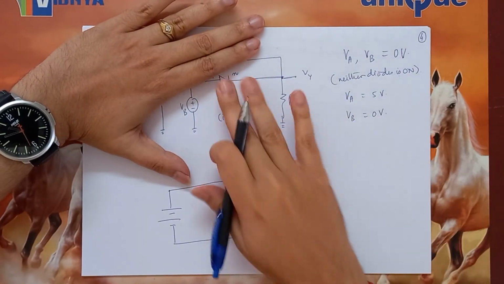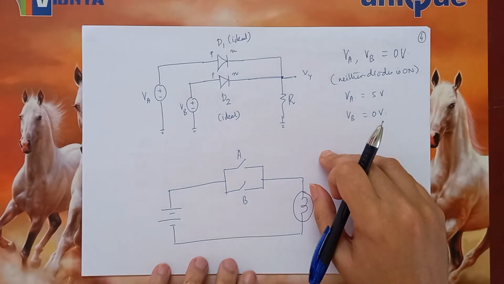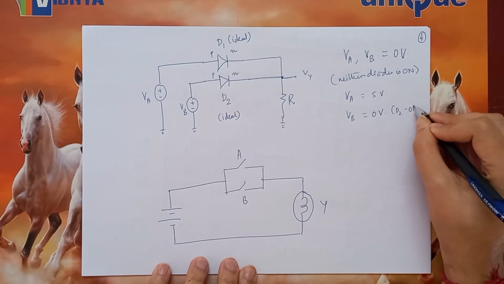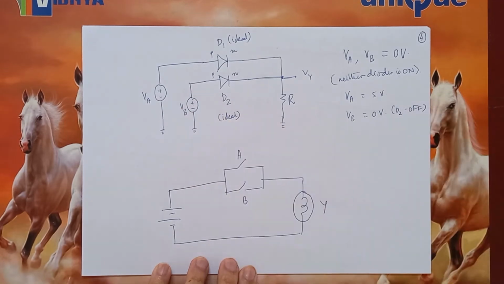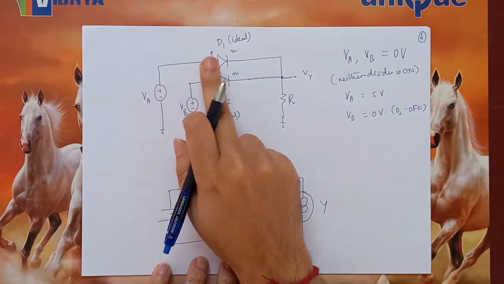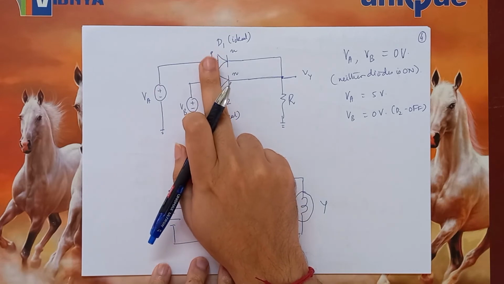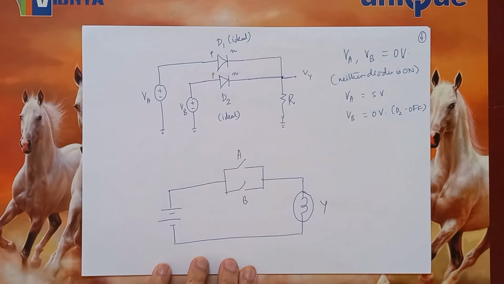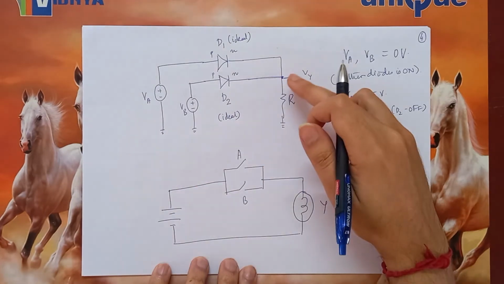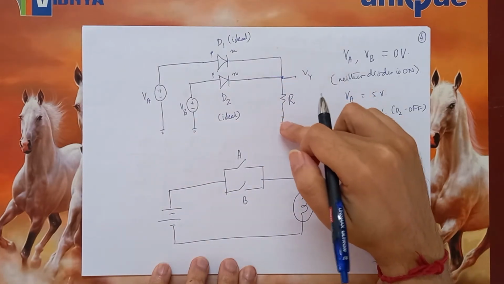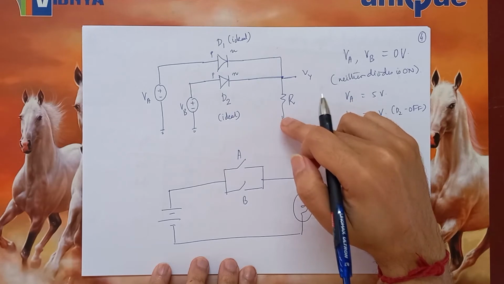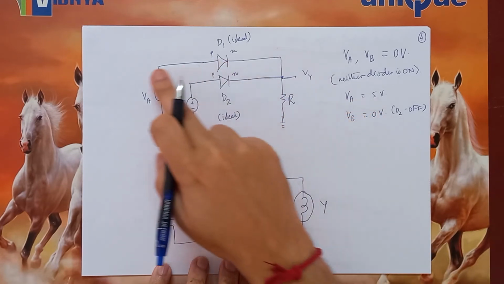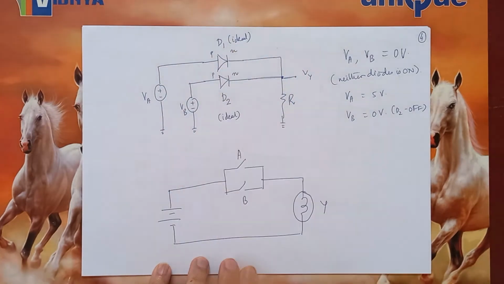So therefore, I can say with all certainty, D2 will also be off. But now VA becomes 5 volts, so therefore D1 gets a positive voltage at the P side. Since by default the voltage over here is 0, the diode becomes on and a current starts flowing. The diode is on.